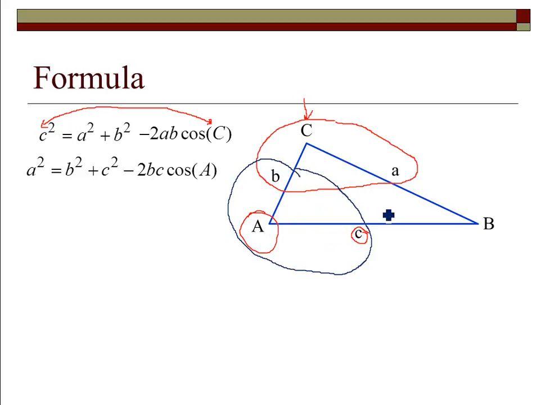I could have done the same thing with angle B: b squared equals a squared plus c squared minus 2ac cosine B.